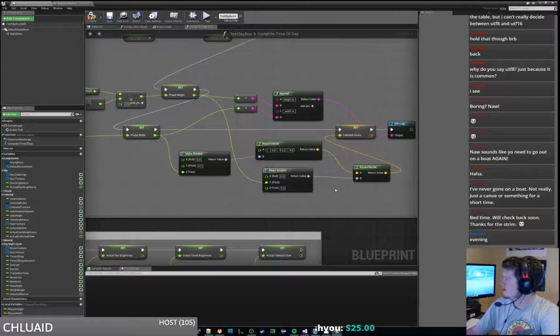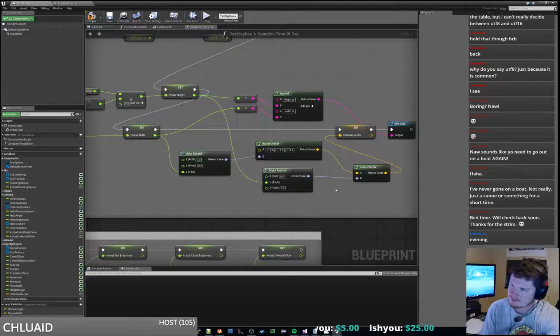Well, what would be the other way to compute this? It would be to normalize the x and z's and multiply it by a magnitude or something like that.